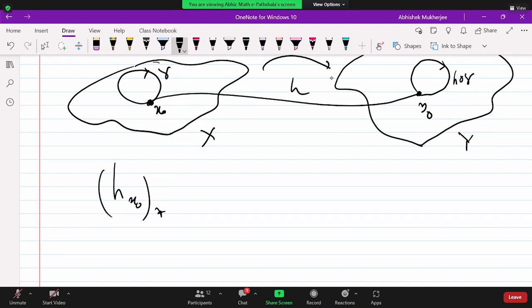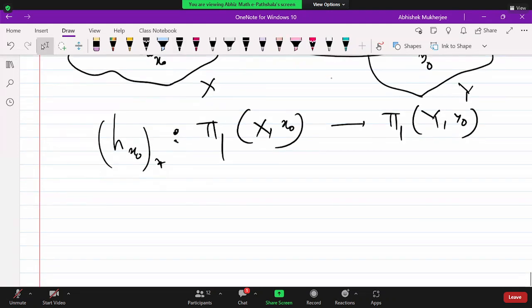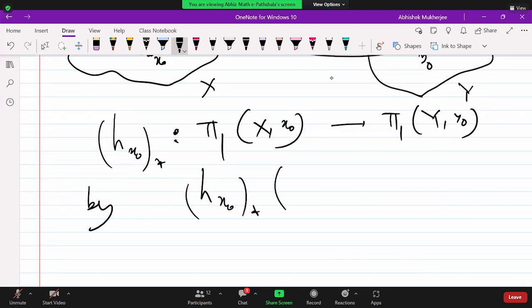Okay, so this is a map from the fundamental group of X based at x naught to the fundamental group of Y based at y naught by the rule: h x naught star of gamma goes to the class of h composed gamma.